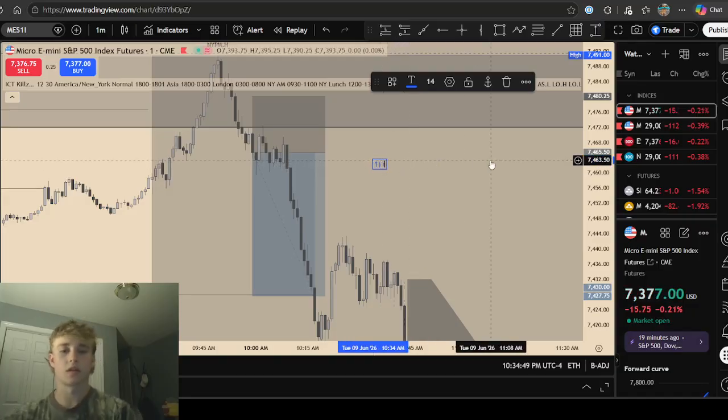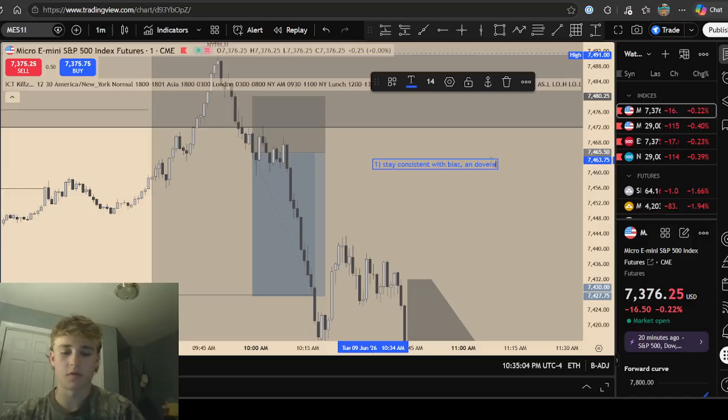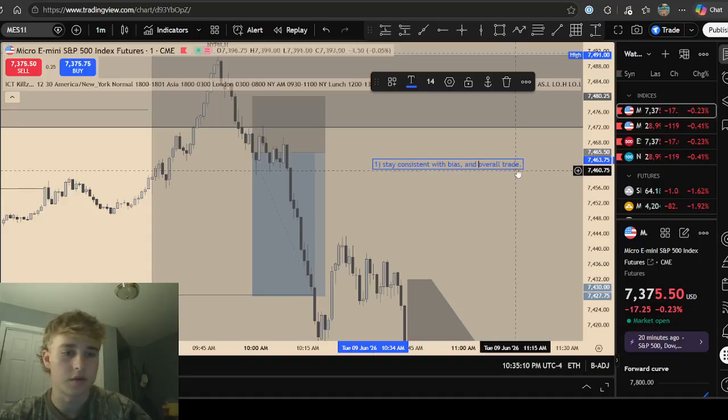Okay, so the first thing I think I need to work on is this trade right here: to stay consistent with my bias and overall trade. What that means is don't be shy, don't be nervous.